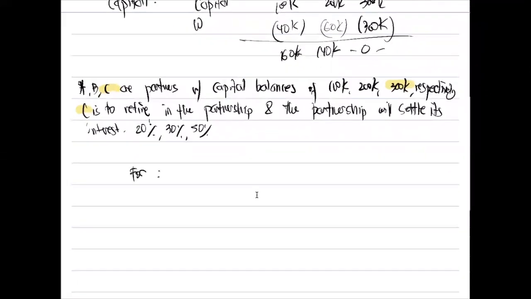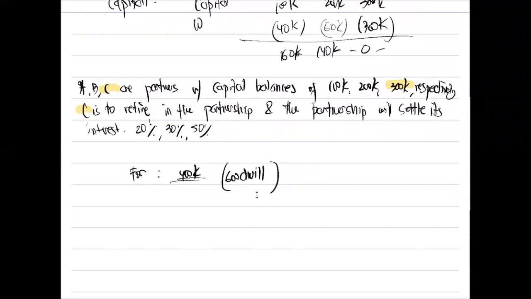So for 400,000 treated as a goodwill. Ibig sabihin, may 400,000 siya. So first, we look whether the goodwill is attributable only to the partner or to all partners.